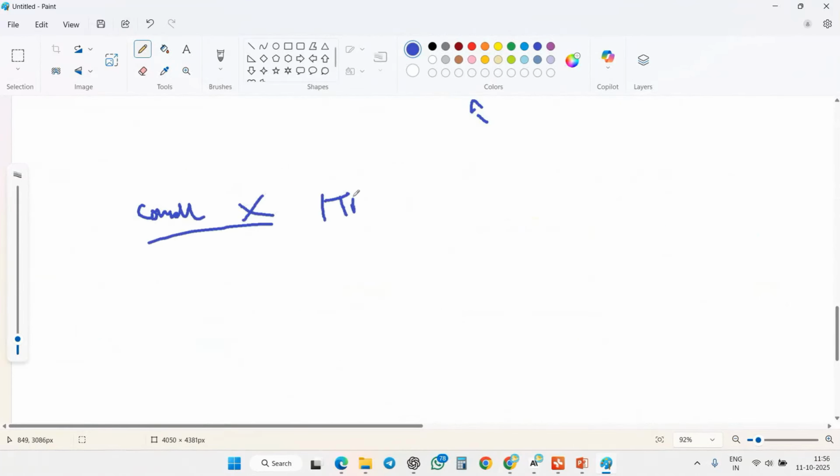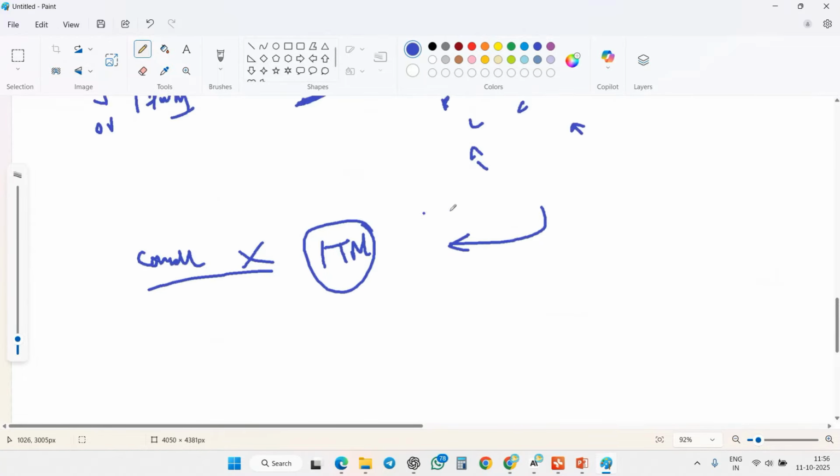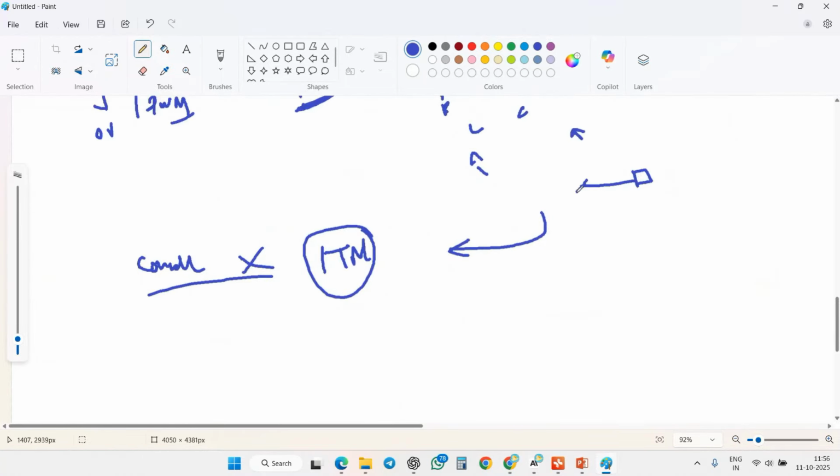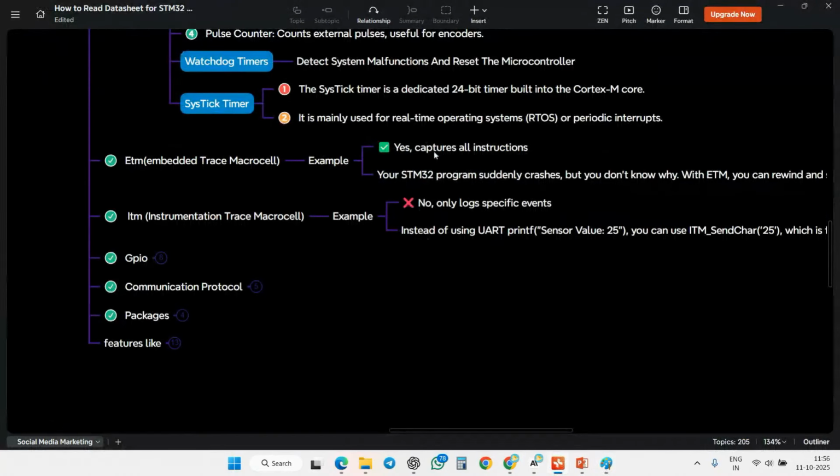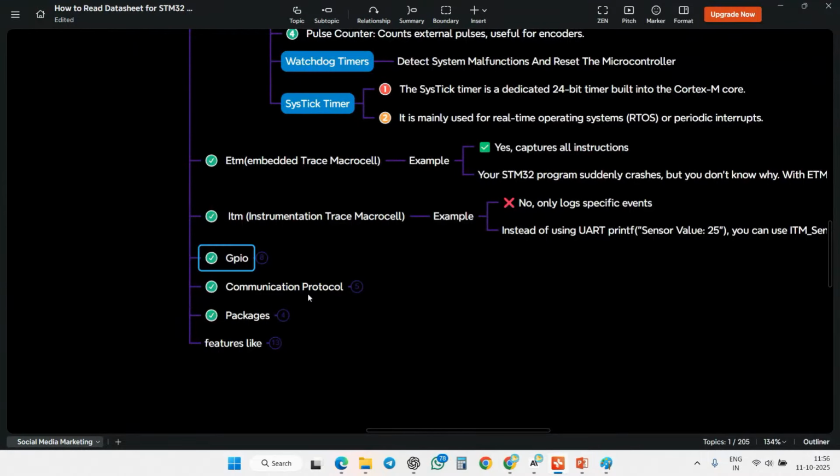You need to open up the ITM, and only then can you get the data through it. In hardware we have ETM, and in software we have ITM to get the data. As we study STM32 in depth, you will get this concept. Is that clear up to this point?